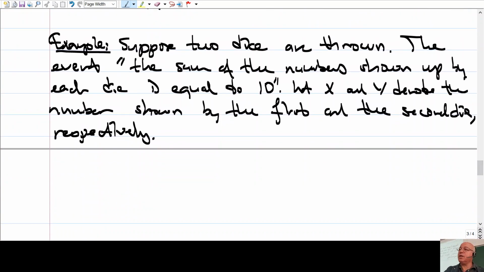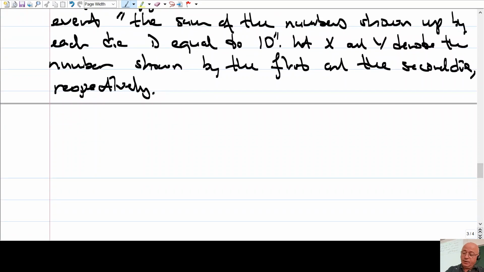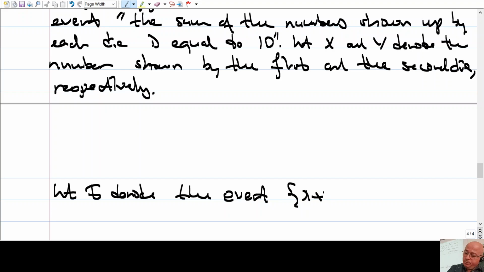The number the first die shows is denoted by x, and the number shown by the second die is represented by y. Then let E denote the event x plus y equals 10, that is, the sum of the numbers on the first and second die being 10.